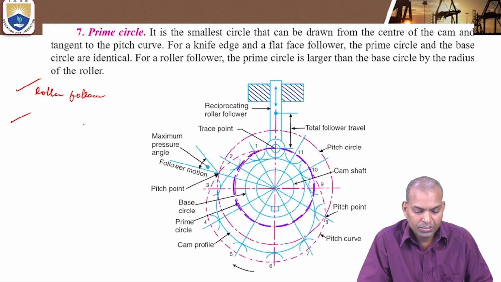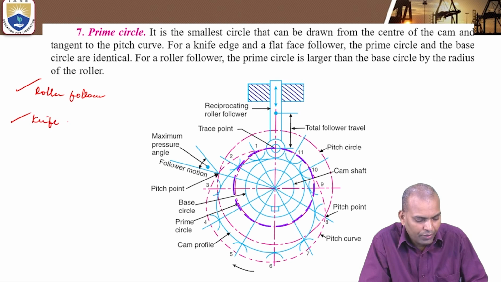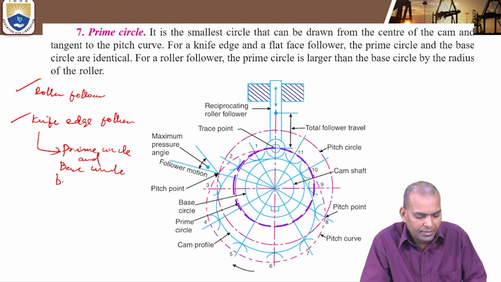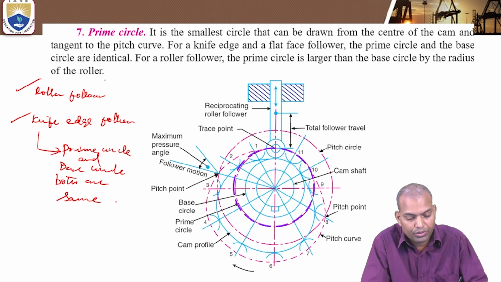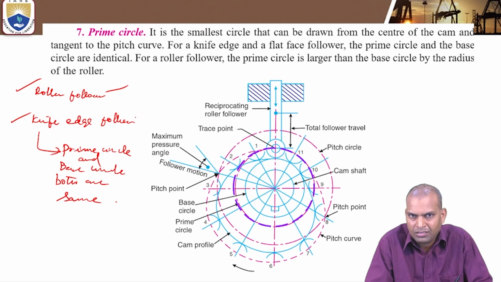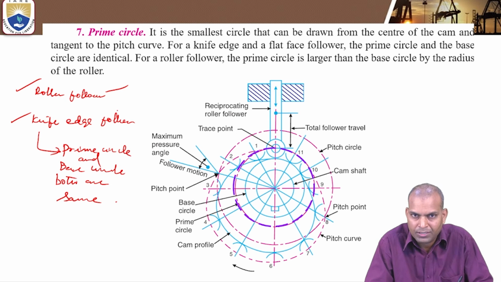But for knife edge follower, the prime circle and the base circle are identical, both are same. Whereas for roller follower, the prime circle and the base circle are separated by the radius of the roller.